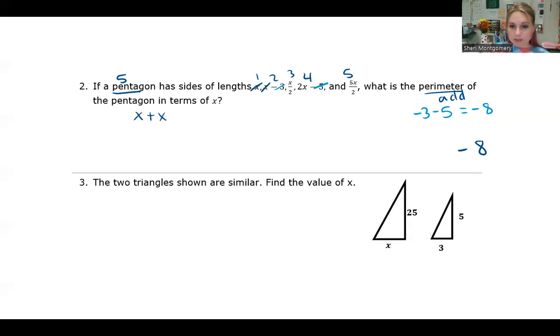So that's x. I have an x over 2 plus 2x and plus 5x over 2. We have to be able to add all of these up, but we cannot add them all up unless there's a like denominator. So it looks like the two things that are fractions at least have the same denominator.